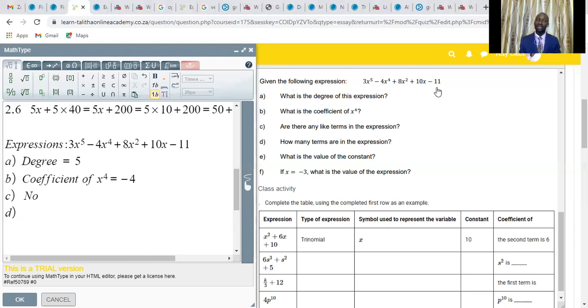You could count this as the first term, this the second, this the third, this the fourth, and this the fifth. So for question 2 part D, they're asking for how many terms, so it's like counting: 1, 2, 3, 4, 5. That gives us 5 terms. We write it as 5, or we say the number of terms is 5.